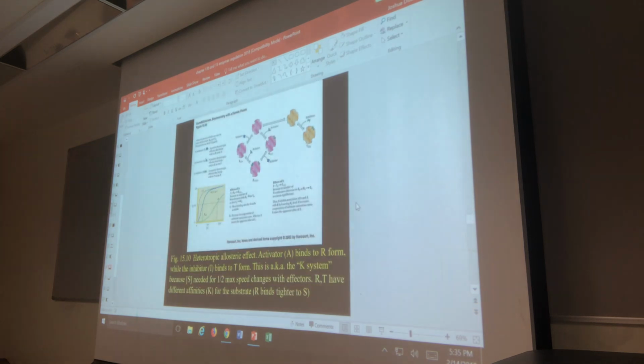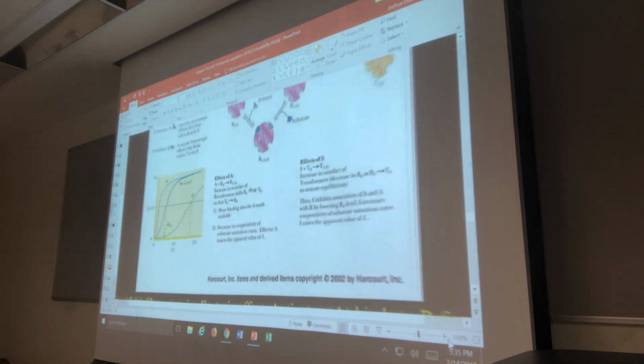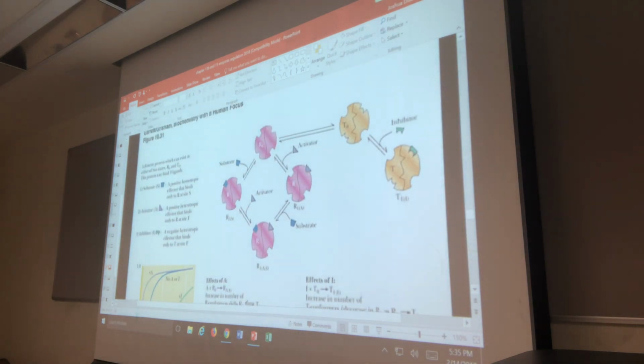We talked about what effectors shift enzymes into either state, and that's a simplified version of what this picture tells you. Activators and substrate molecules shift allosteric enzymes into an active state. Meanwhile, inhibitors shift enzymes into an inactive state. It makes sense. Inhibitors want to turn off the enzyme, so they cause the enzyme to shift into an inactive state.